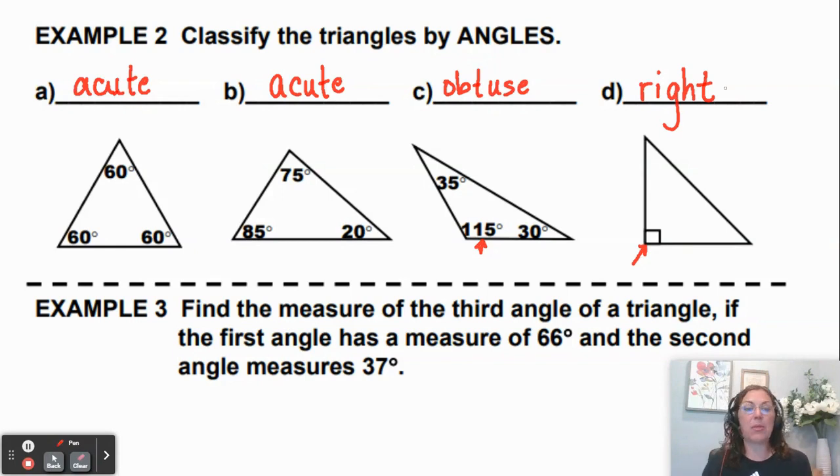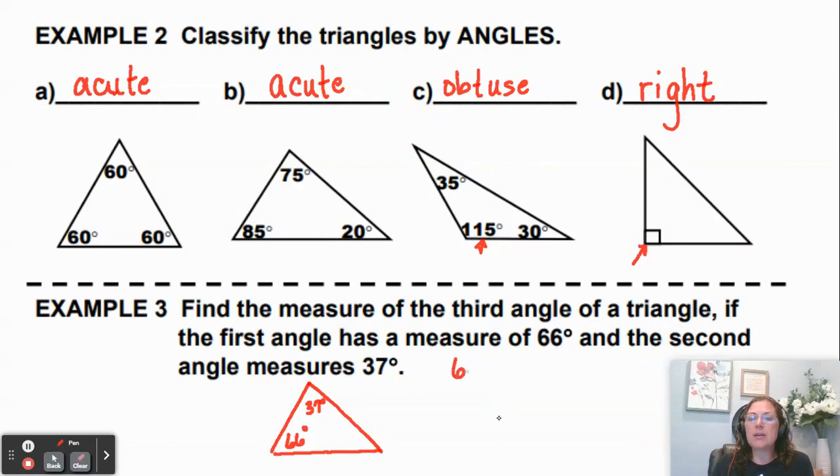Let's take a look at example 3. Find the measure of the third angle of a triangle if the first angle has a measure of 66 and the second angle has a measure of 37. Now, I'm a visual person, so I like to draw. So I just go ahead and label these. This is 66 degrees, 37 degrees, and you'll remember that all three have to add to 180.